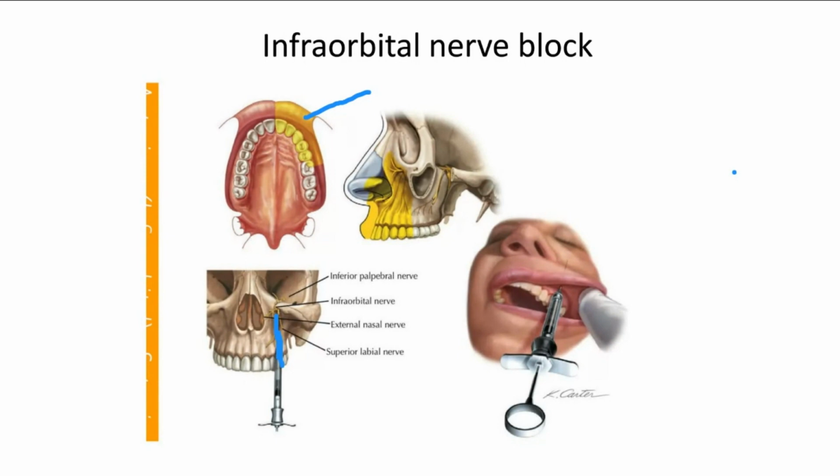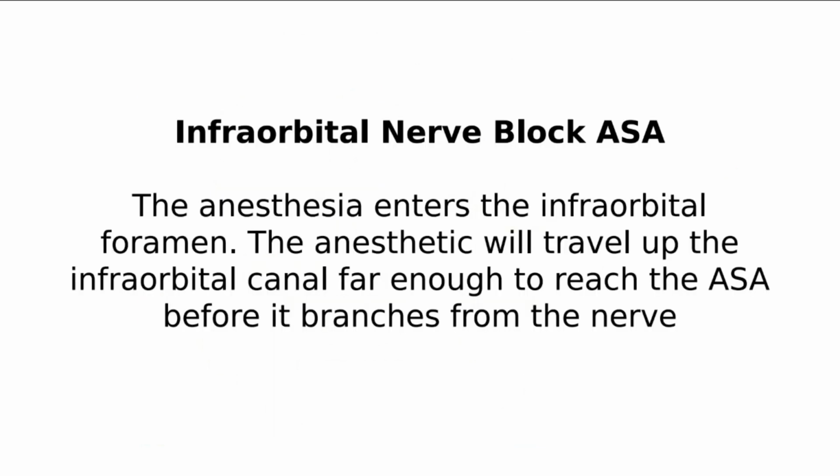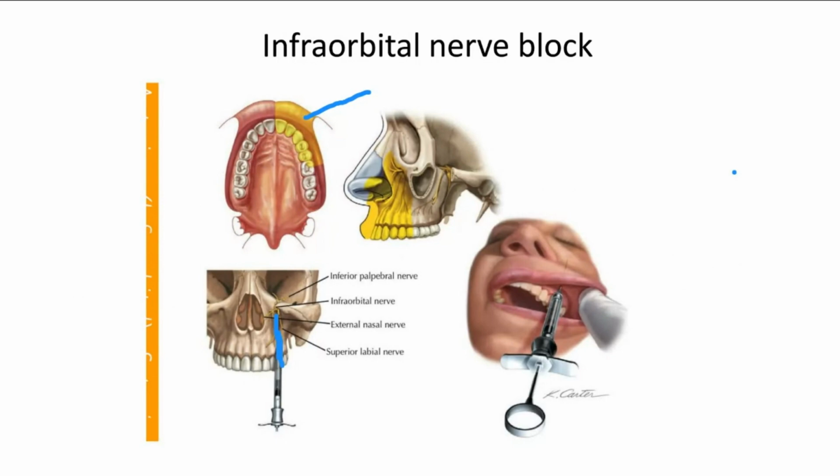The question is, what's the name of the technique? Infraorbital. Point of entrance. You're going to enter between the canine and the first premolar, or you can go at the first premolar, as if you're doing the ASA, but you go up more.